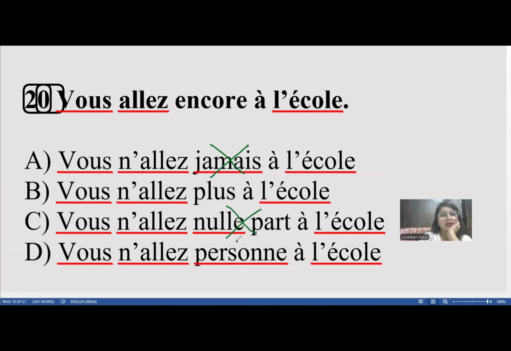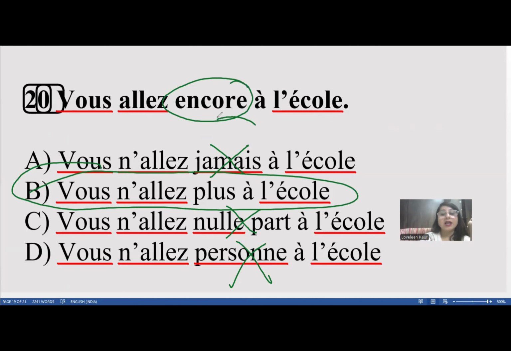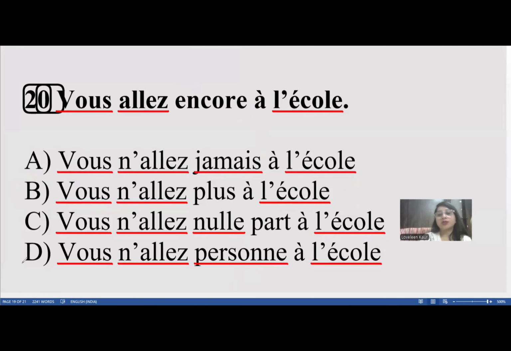Nous n'allons personne à l'école? Not even a good sentence. So, B part is the right option because it's given encore means still and we'll make it into negative. We'll say, vous n'allez plus à l'école. You don't go to school anymore. Right? So, encore means still and ne plus means not anymore. So, this is the right option.